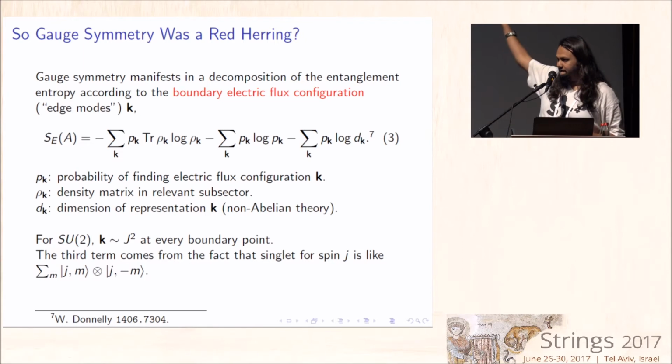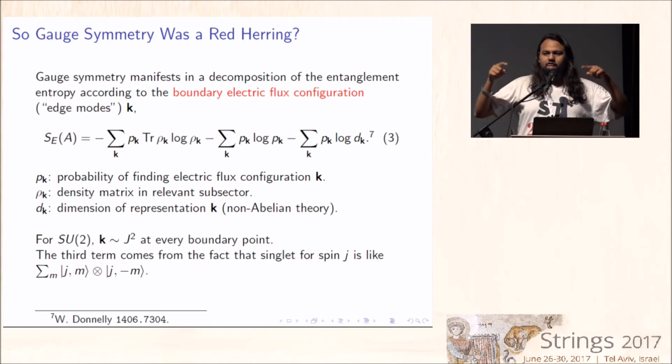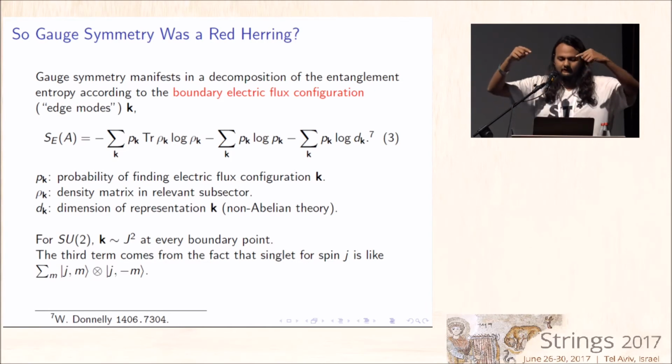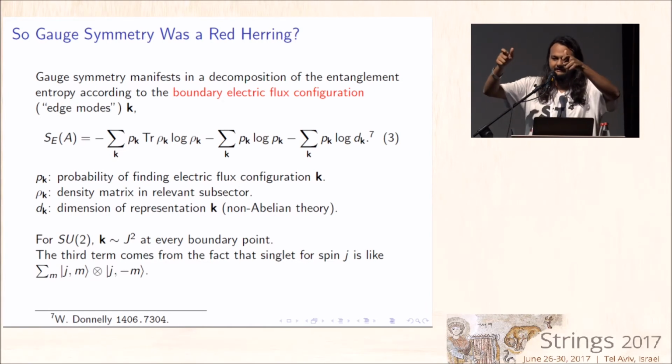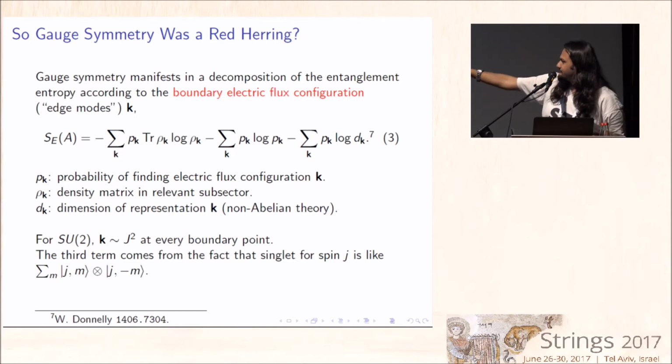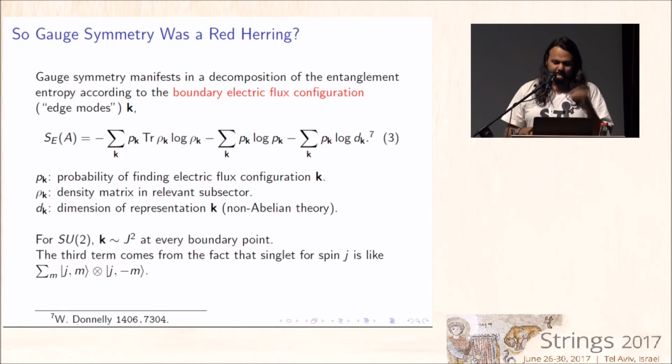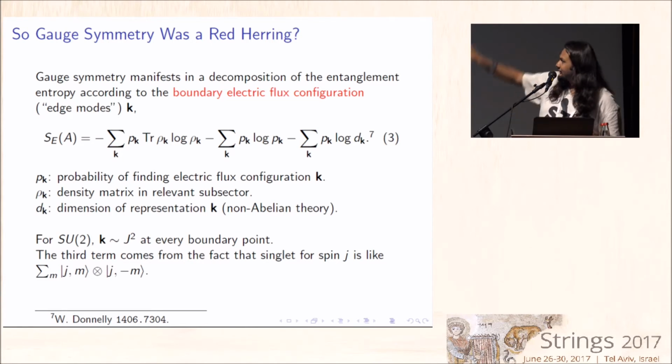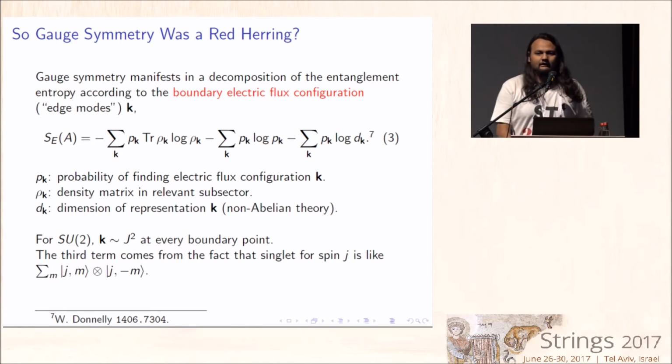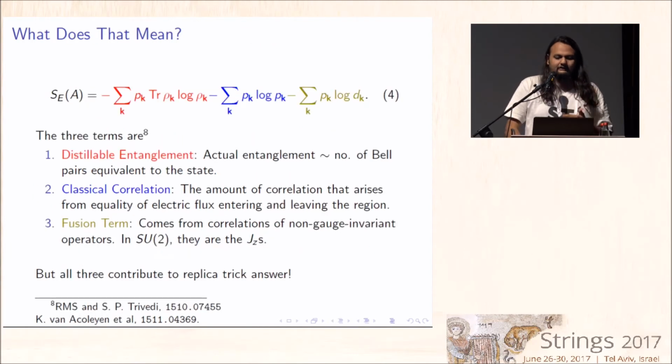The third term only turns up in non-abelian theories, because to form a singlet from two spin J objects, you need a state like this, the sum over m of J, m tensor J, minus m. So this is a fusion entanglement because you're summing over m. And this third term comes from there. All these three terms have distinct information theoretic meanings.